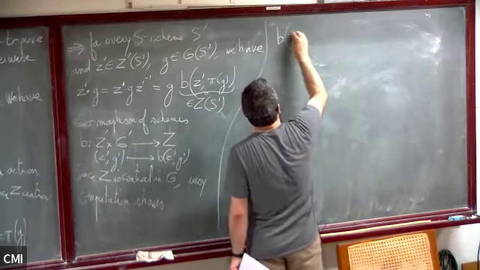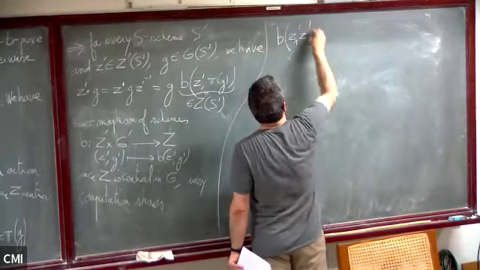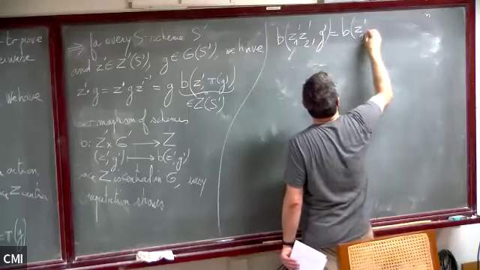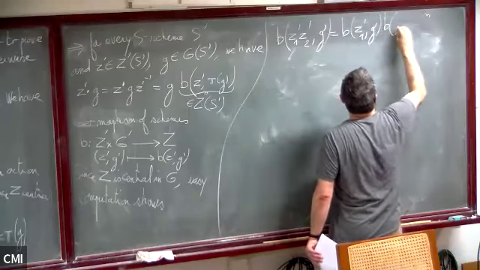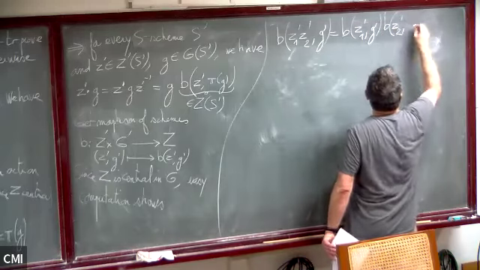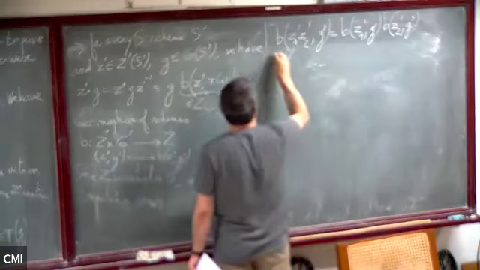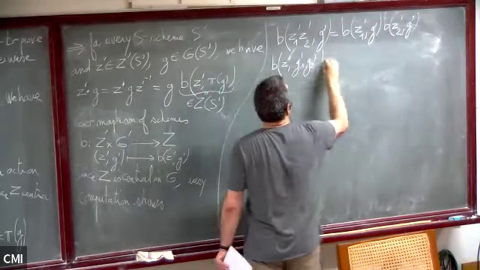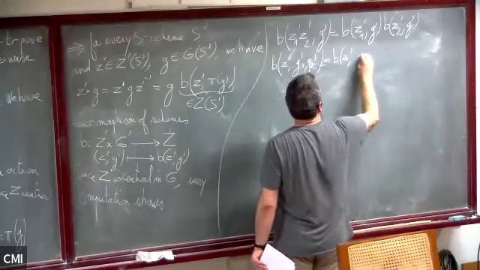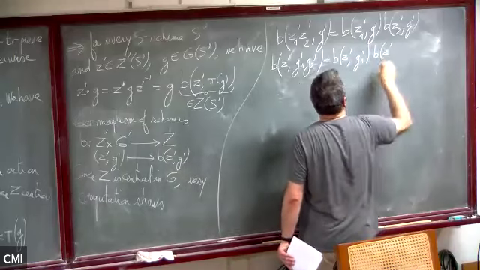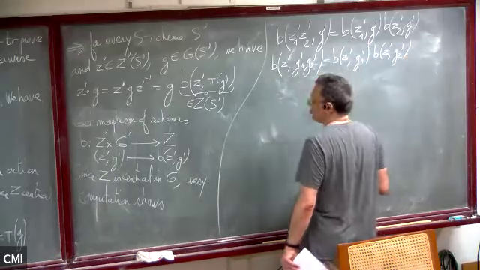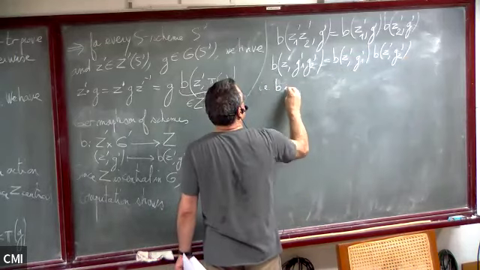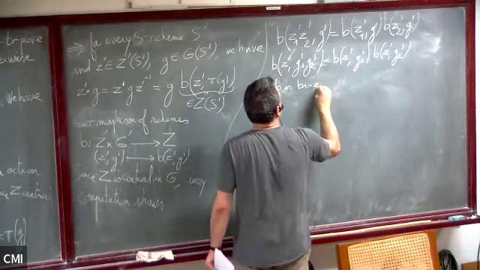That is, if I take two elements here, this is just the product, and it is also multiplicative in the second variable. Okay, so B is multiplicative.